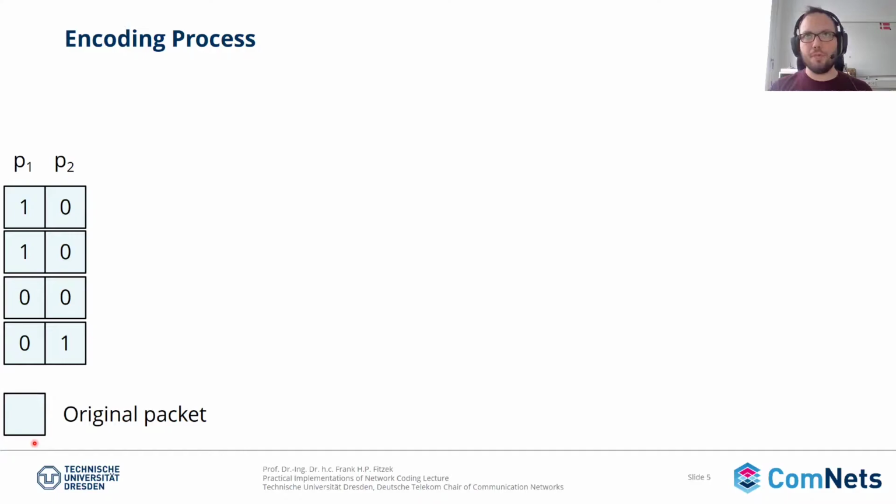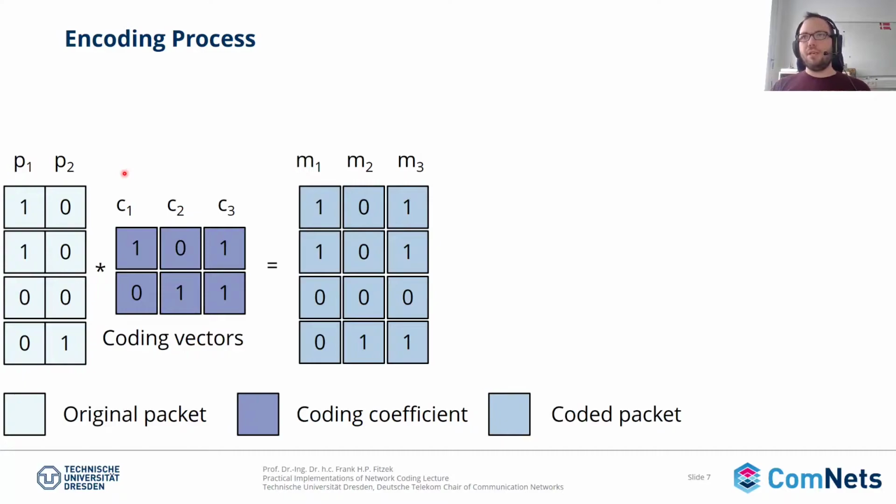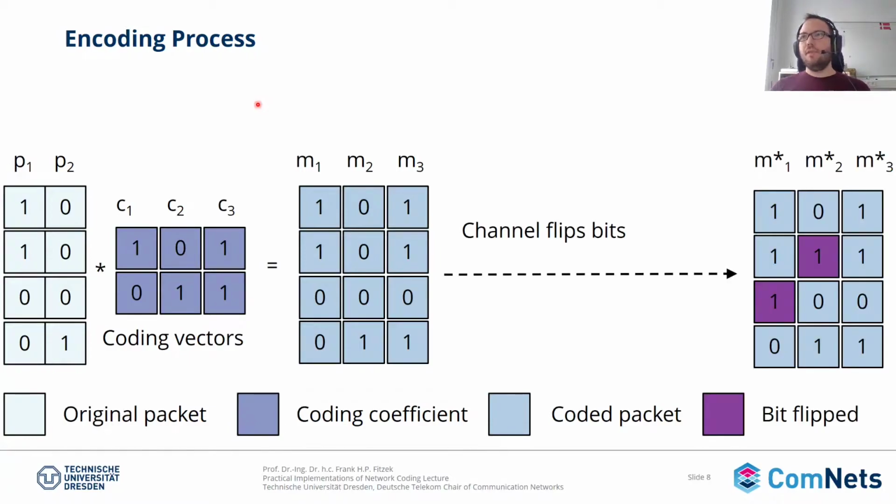How does network coding work? Network coding would choose some coding coefficients, C1, C2, and C3. It will multiply the packets by these coding coefficients, and it would generate 3 coded packets. They are in this darker shade of blue. So now we have M1, M2, and M3. These coded packets will be transmitted, and in the channel over which they are transmitted, some errors might occur.